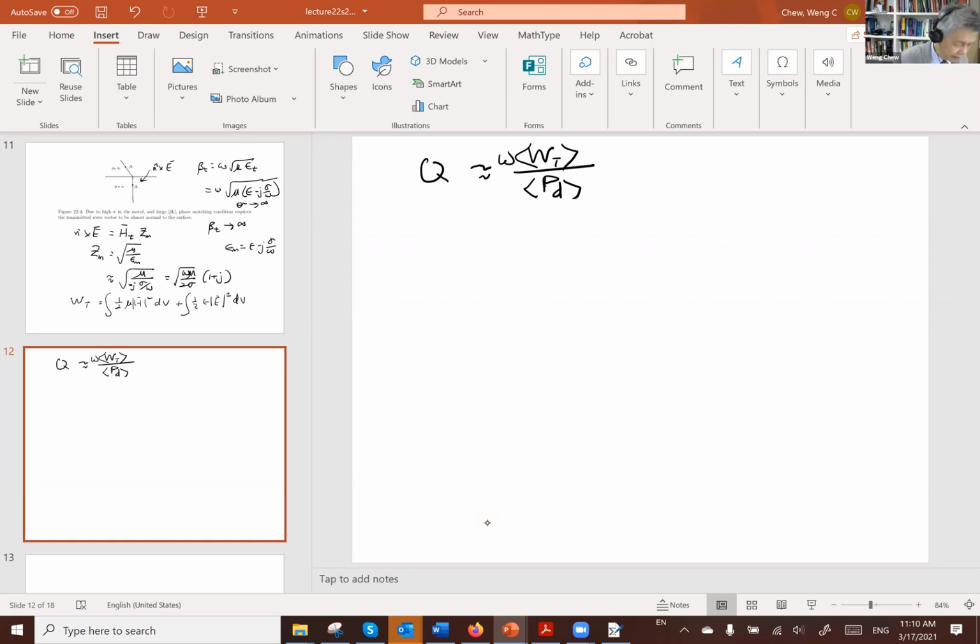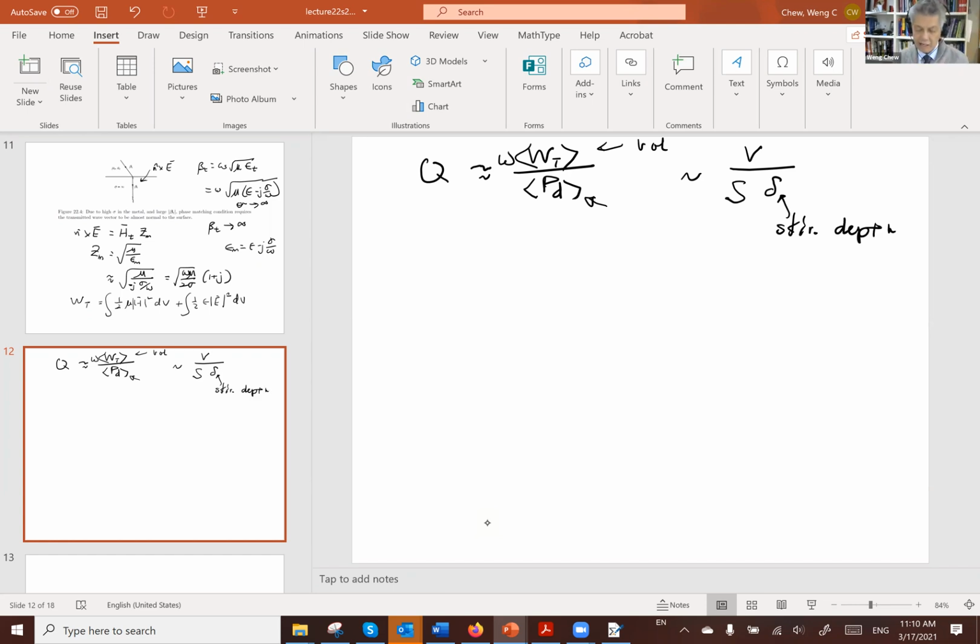So what happens then is that the numerator is proportional to energy stored in the volume. The denominator is proportional to power dissipation on the cavity wall. So you will find that this thing is proportional to the volume divided by the surface area times the skin depth.